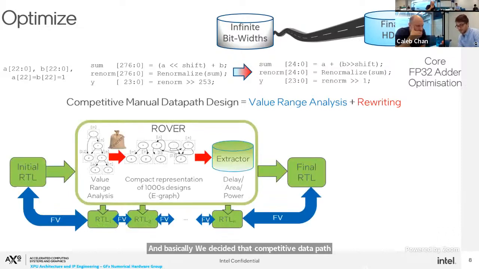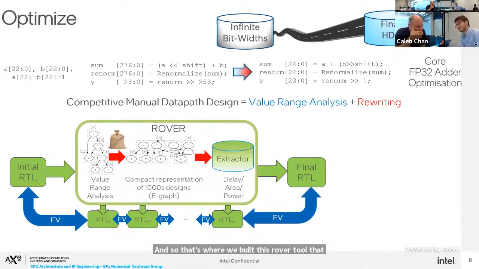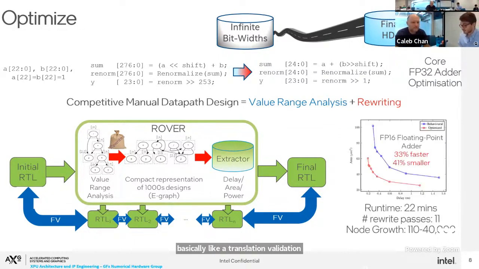And so that's where we built this Rover tool that takes in some initial RTL, does value range analysis and e-graph rewriting, which I won't necessarily spend too much time on today. But it's able to explore this massive design space of equivalent implementations of hardware designs, and then extract from that design space different area-delay trade-offs within the single hardware. It also produces a formal verification flow where we can generate a load of intermediate steps, basically like a translation validation technique you'll find in compiler design.